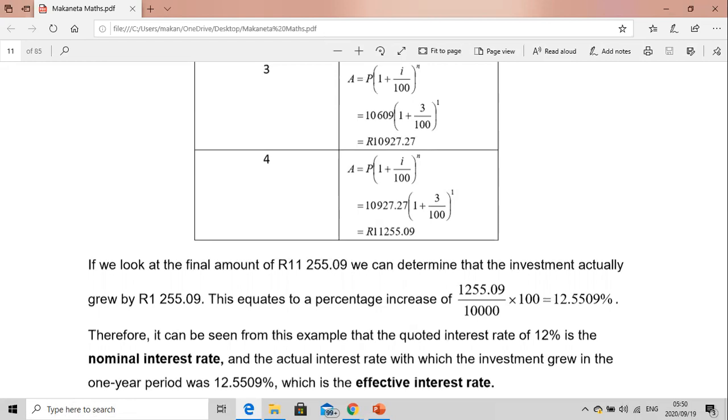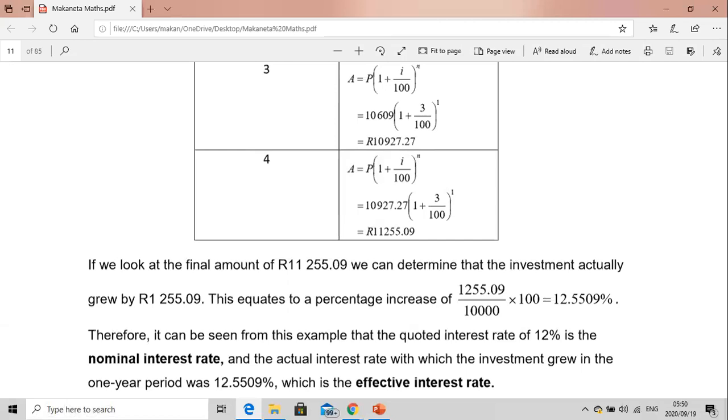Remember that the original amount was 10,000 rands, and it has now become 11,255 rands and 9 cents. You can tell without any doubt that your investment has grown by an amount of 1,255 rands and 9 cents.